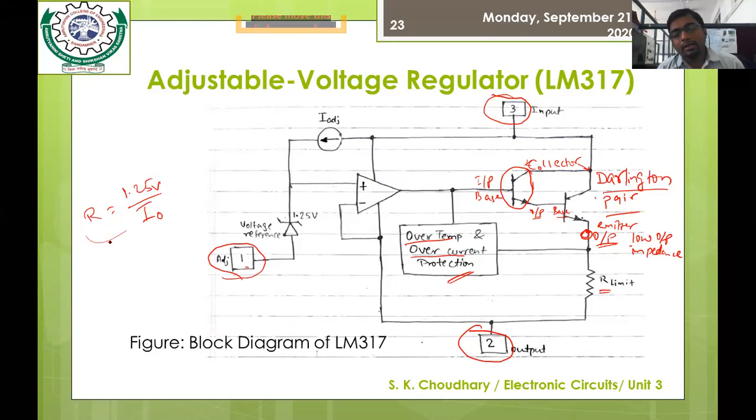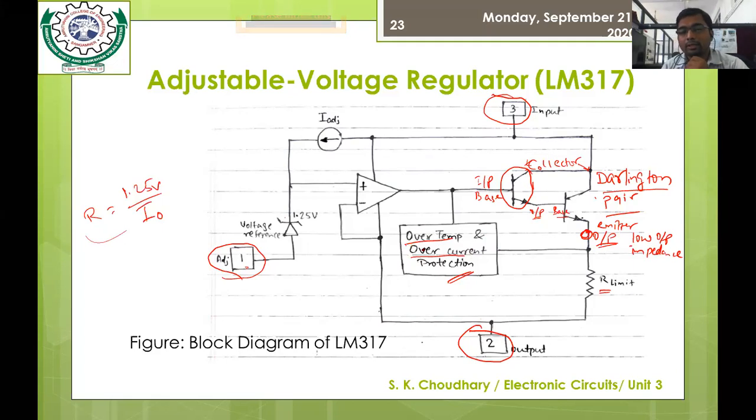And for voltage regulation application, what do we have to do? That was for current regulation application. But if you have to provide voltage regulation, at that moment, instead of a single resistor, you have to connect two resistors at the output network to set the variable output voltage.